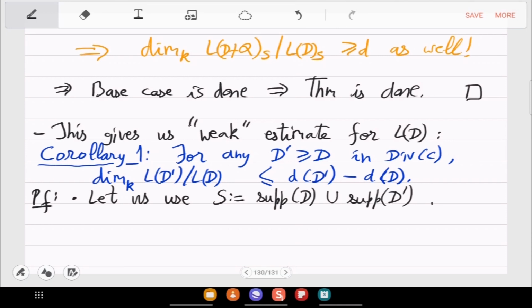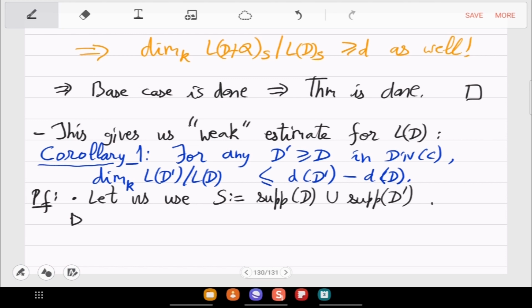Obviously D prime and D are divisors, so it's a finite sum of points. Take all these points that you see, that is S. And then what should you do? Then you should invoke the theorem on LDS and LD prime S. That will work. So let's just check that.